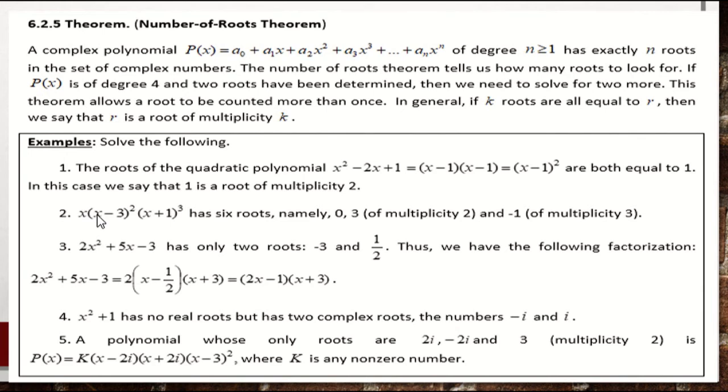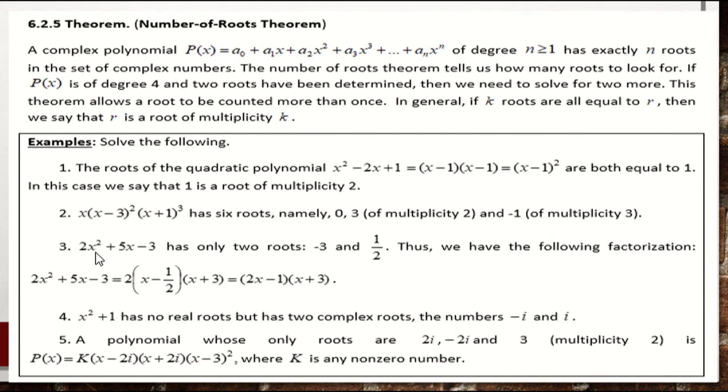Since kung 3 si x minus 3, ma-0 pod. So, 3. Multiplicity 2 siya kay square man. Then we have negative 1 kay kung negative 1 si x, ma-0 pod ta. Then multiplicity 3 siya. Okay, so mao tong 6 iyang roots, ang 0, ang 3 kaduhaon, dayon ang negative 1 katuloon.